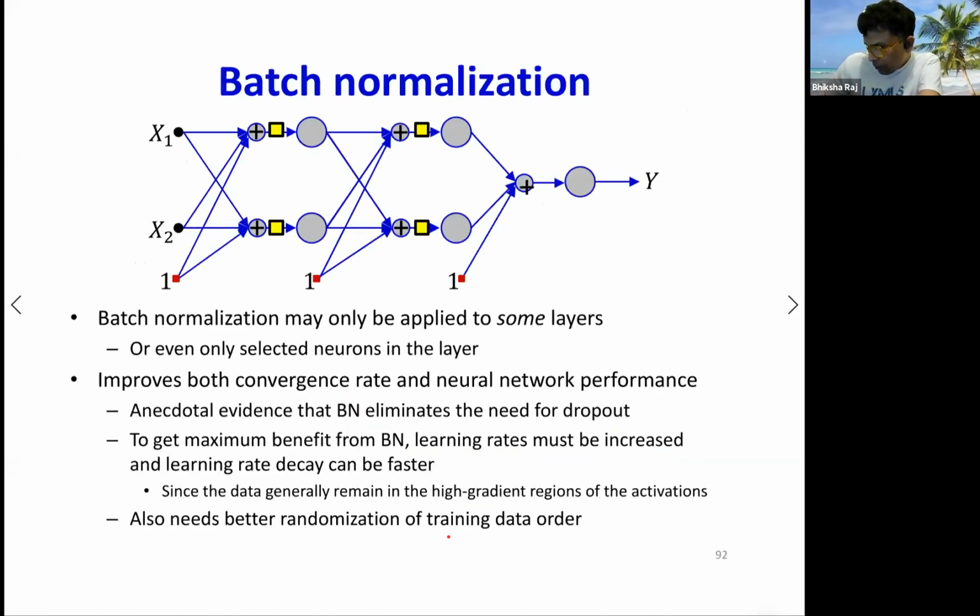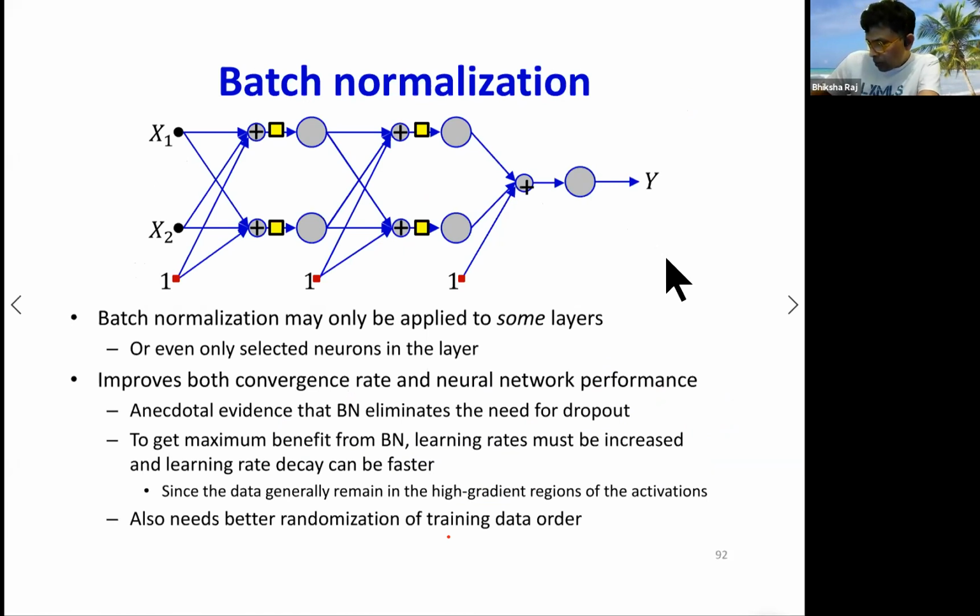Now batch norm is a neuron-wise operation. We don't need to apply it to every neuron in the network. You could apply it to just some of the layers or even to only some of the neurons. It generally improves both convergence rate and the network performance. And empirically, we also find that BN often eliminates the need for dropout, which is another common regularization technique that's there in part 2 of this lecture.